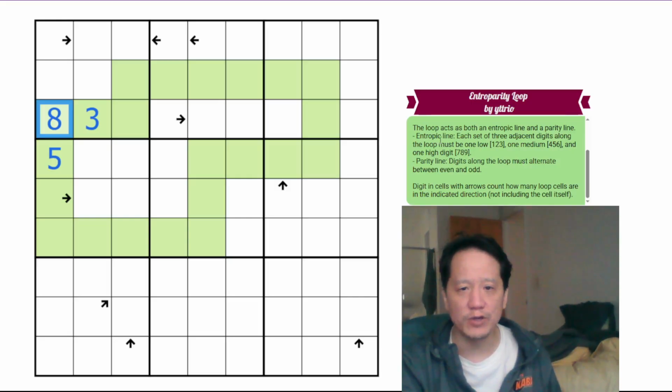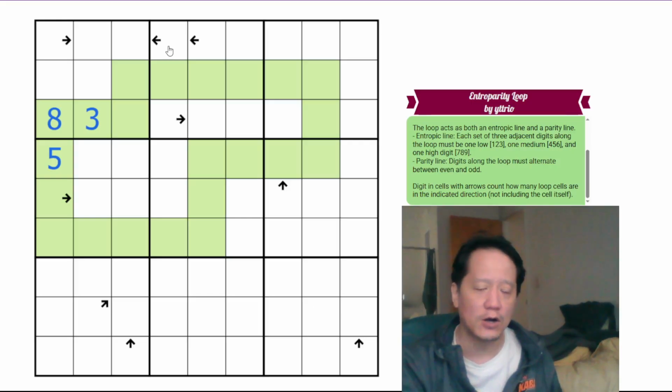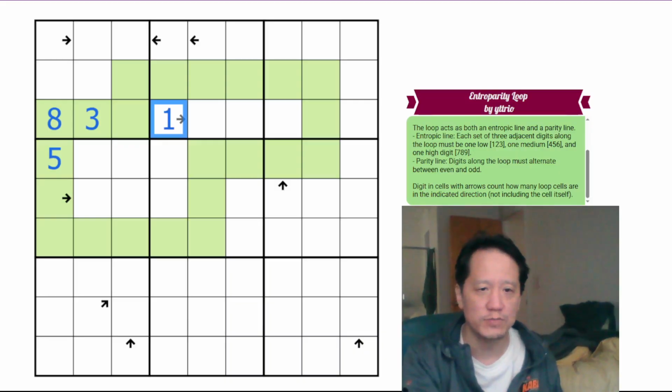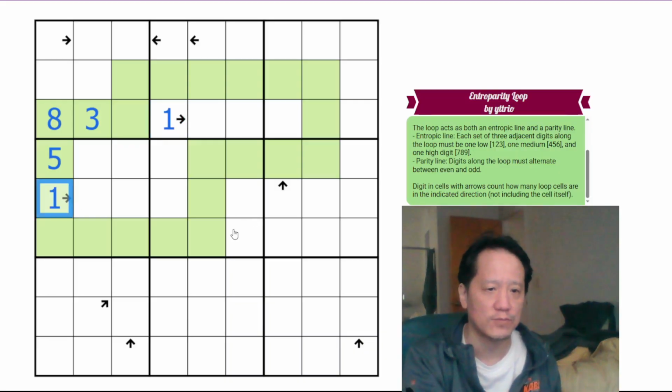And finally, we have digits in cells with arrows. Count how many loop cells are in the indicated direction, not including the cell itself. As an example, this would be 1 because it sees 1 cell in this direction that's on the loop. This would also be 1 for the same reason.